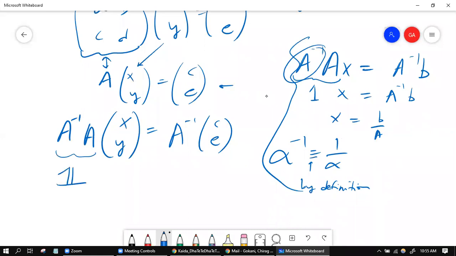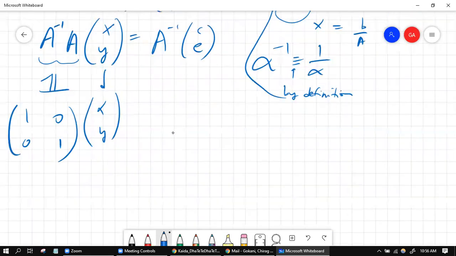Here you had A inverse times A being your scalar 1, like the number 1. This is your analogous 1, which is actually the identity matrix, right? Yes. And so A inverse times A is 1 times XY.